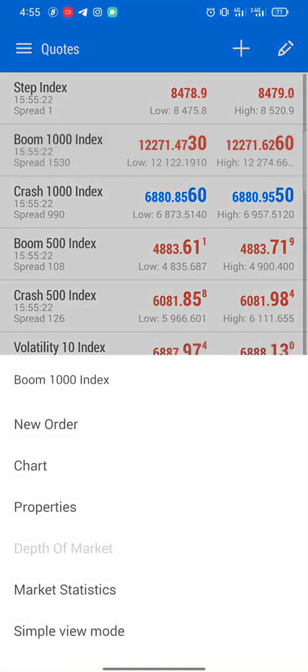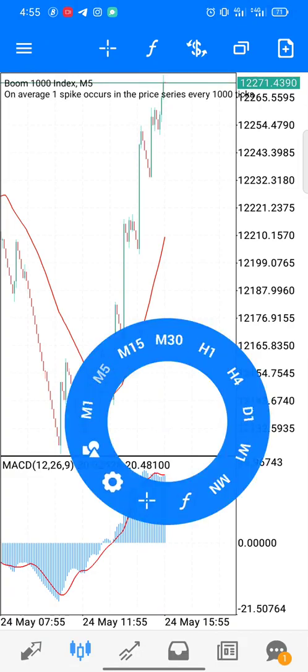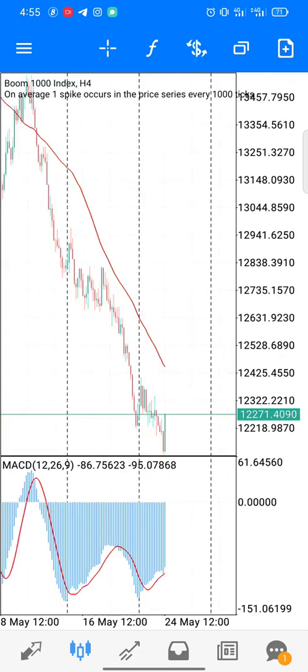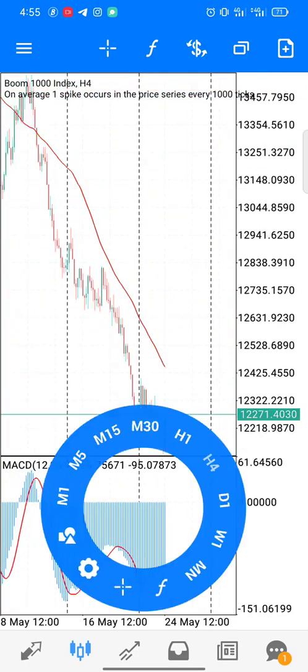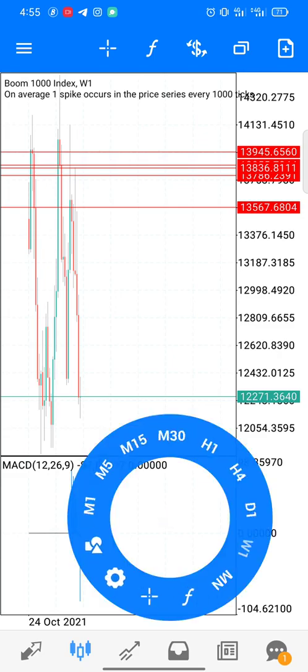So right away we go to Boom 1000 index. I'll start again from the 1-hour time frame, and if I check it from the daily time frame, I can see points where price actually reacted. You can see the price came all the way down to the support level, which the price actually rejected.